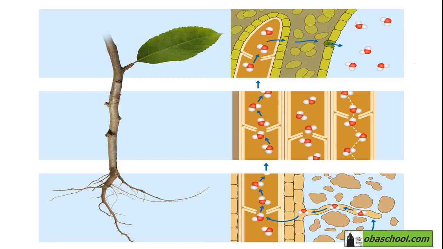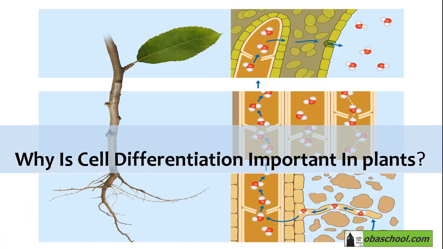Welcome back to part 2 of Plants Graph. In the previous tutorial, we've discussed how meristem cells allow the plant to grow and differentiate into specialized cells that have specific functions. But why is this differentiation important?